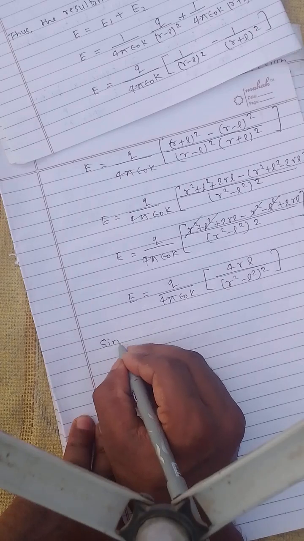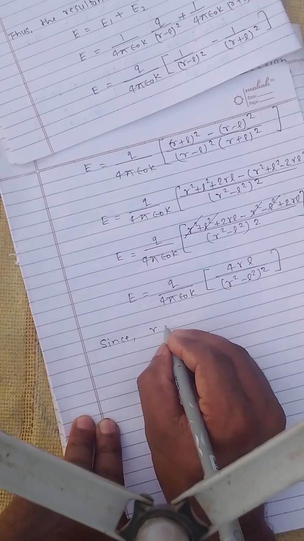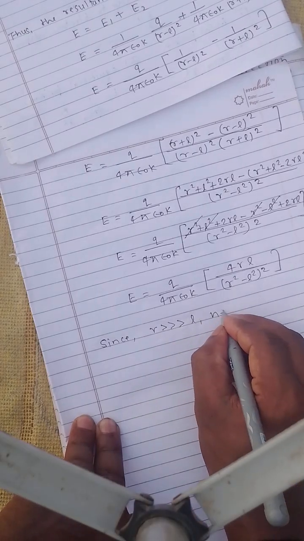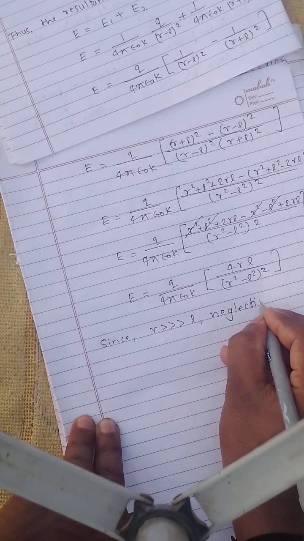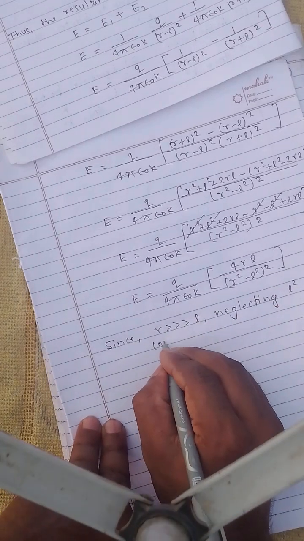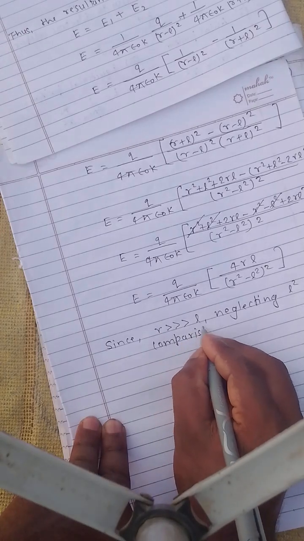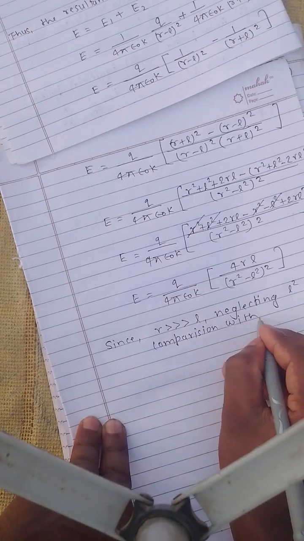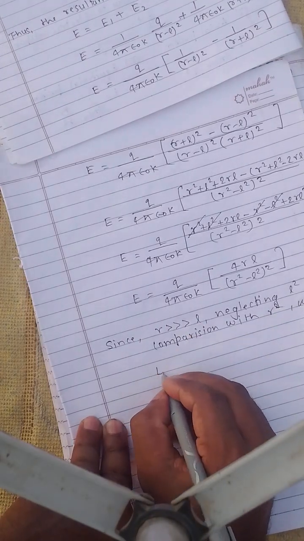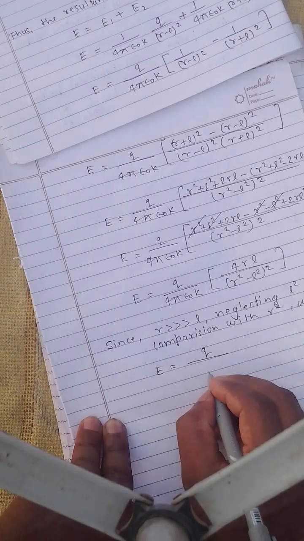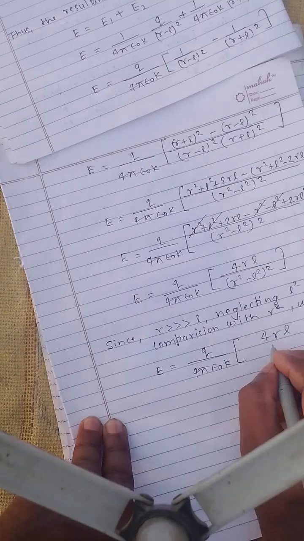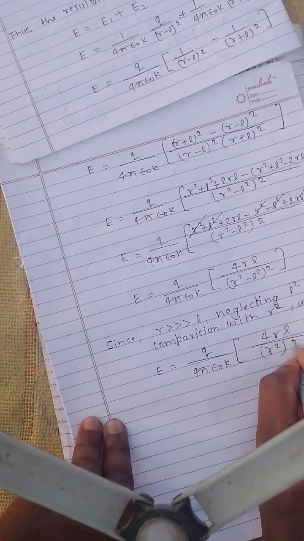Since r is greater than L, neglecting L square in comparison with r square, we get E equals q upon 4 pi epsilon naught into K, 4rL upon (r square) whole square.